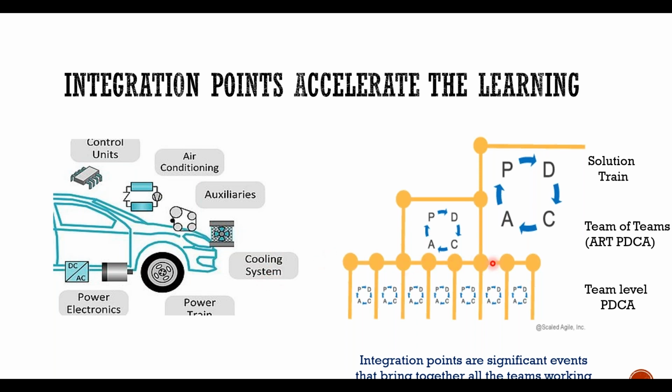Synchronizing integration points along with your development helps to create a pull event, with all the teams and all the stakeholders coming together and integrating their work. So when you are working on large scale products with multiple teams, you need to synchronize all the teams' work at the end of every small, short iteration, so that you can achieve the integration points quickly.